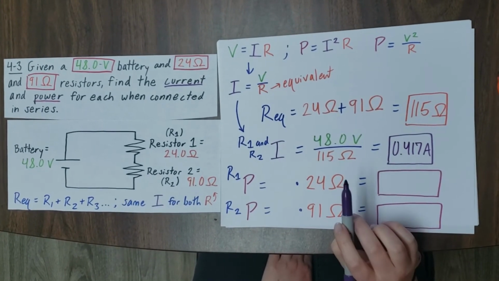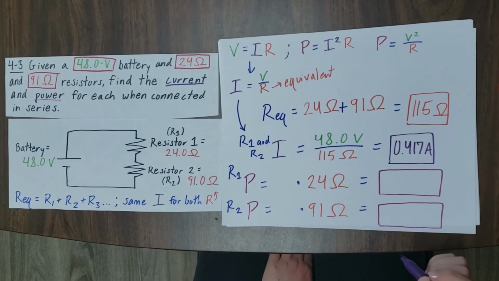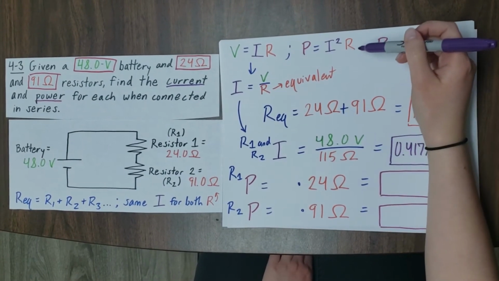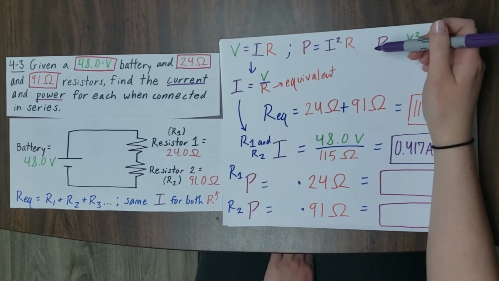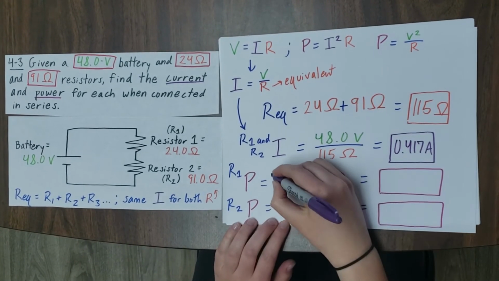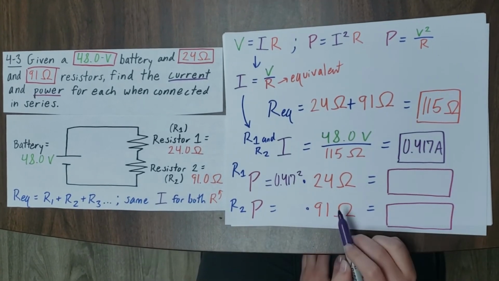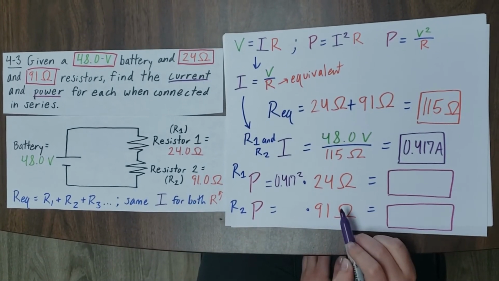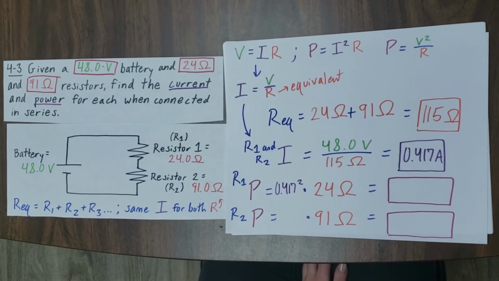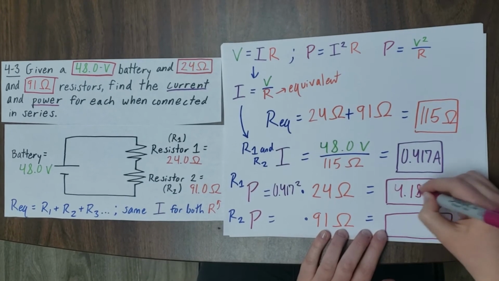And now to determine our power for each resistor, we can use the current and plug it into our equation P equals I squared times R, which is valid for ohmic circuits. So we get that 0.417 amps squared times the resistance of resistor 1 equals 4.18 watts.